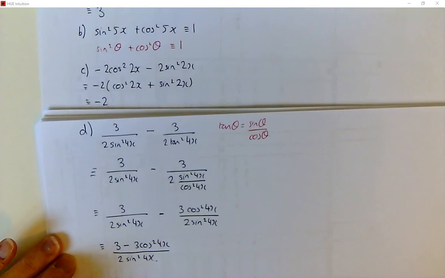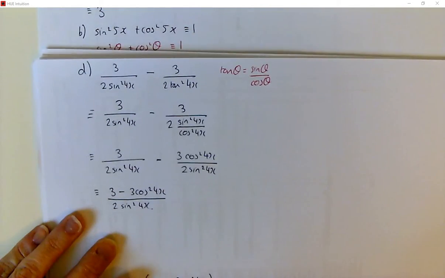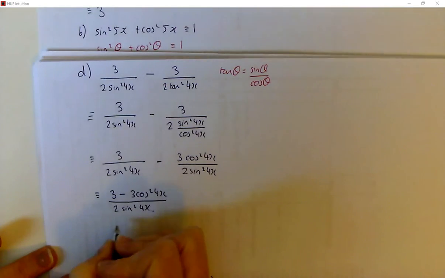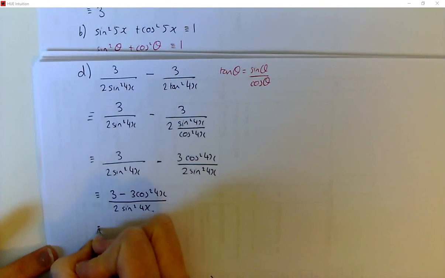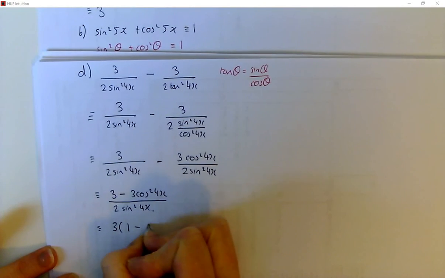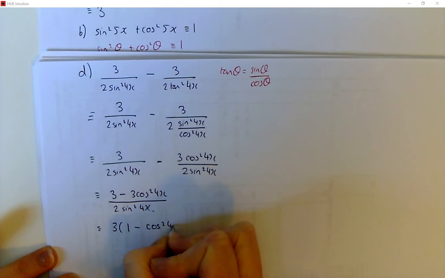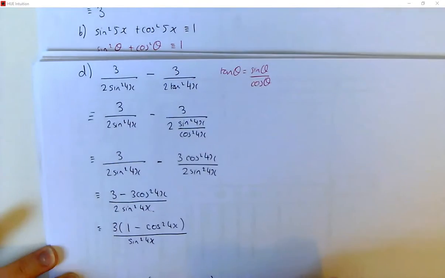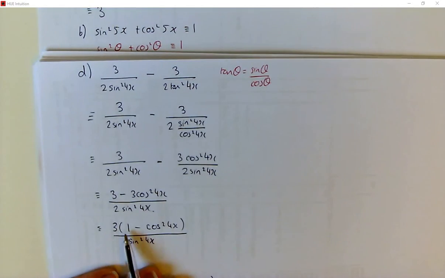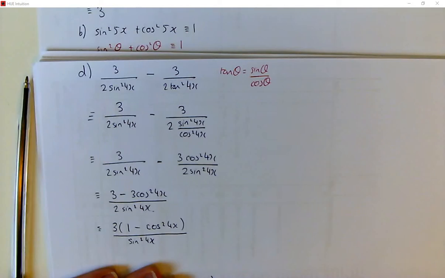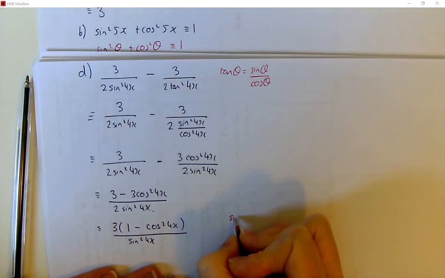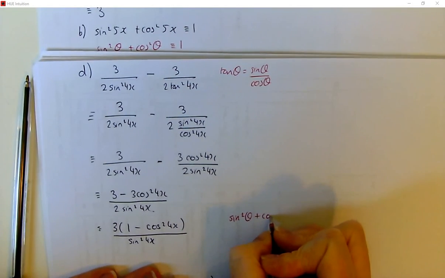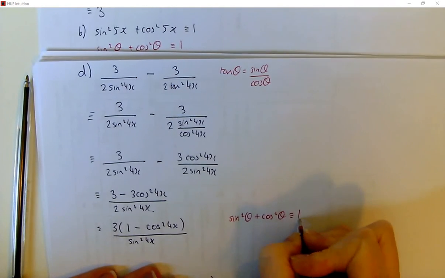Right, once we've got that, let me move this up a bit. We can take 3 out as a common factor. And then hopefully you spot we've got sine squareds and cos squareds. So the identity was sine squared theta plus cos squared theta is equivalent to 1.